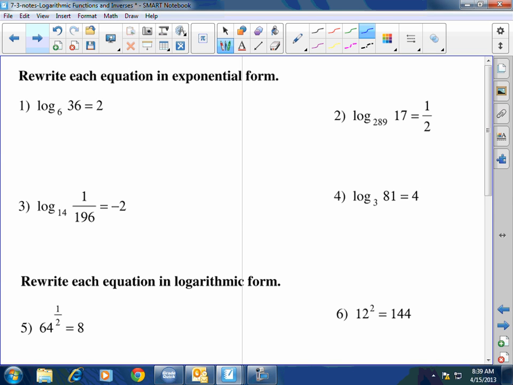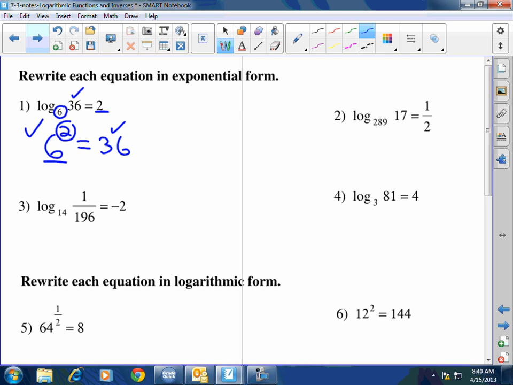This is log base 6 of 36 equals 2, which is the y power, and the x value is 36. And that works. Do you guys see how I did that? Base b to the y power equals 36. Does that make sense, guys? Are you sure?